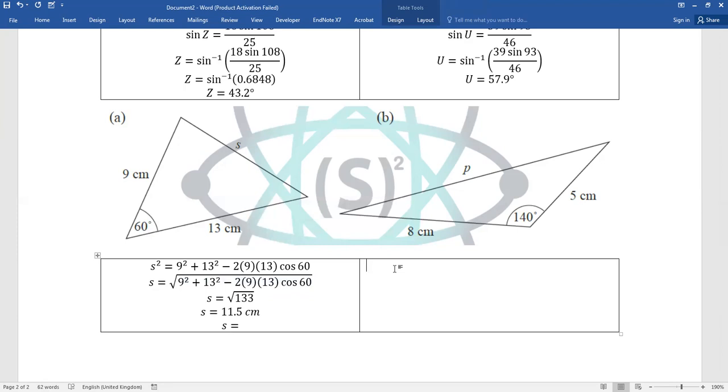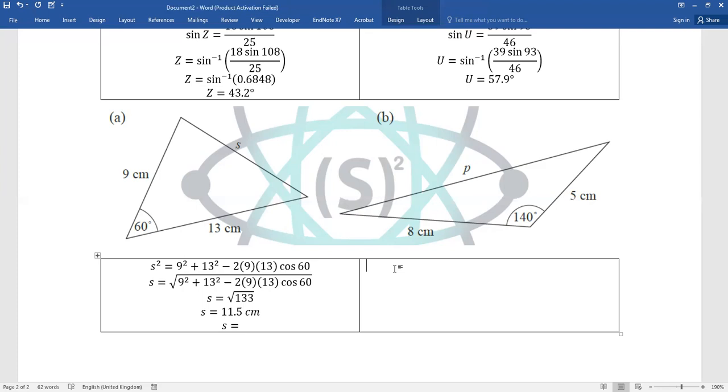What about this one? You want to find side P, so it's not a right angle triangle. SOHCAHTOA and Pythagoras theorem cannot be used. Let's go to sine rule or cosine rule. Check for cosine rule first. Can you apply it? Yes, you can.